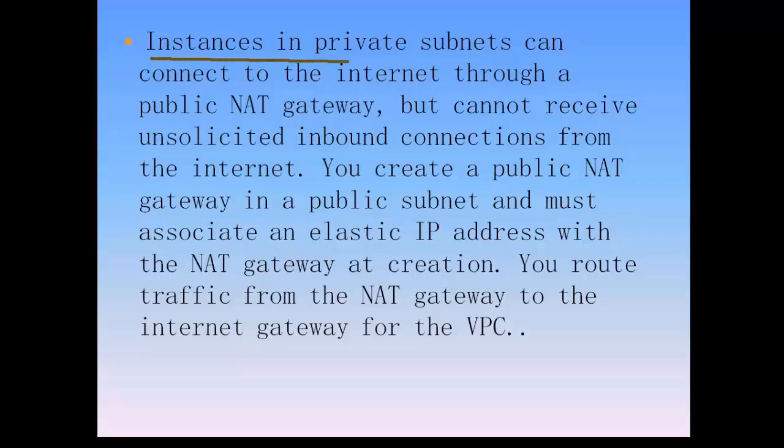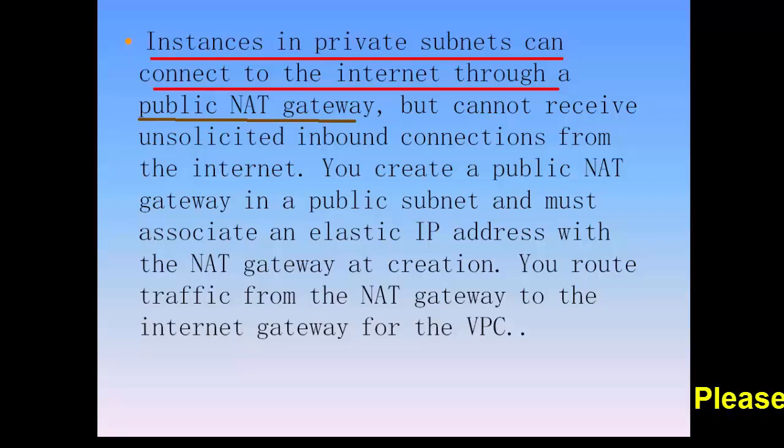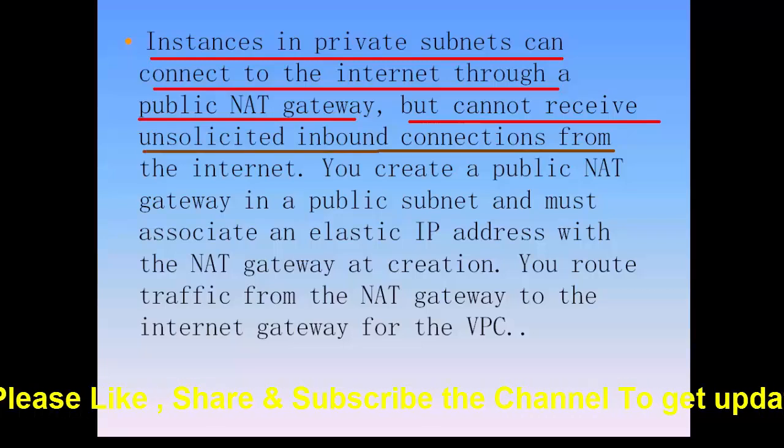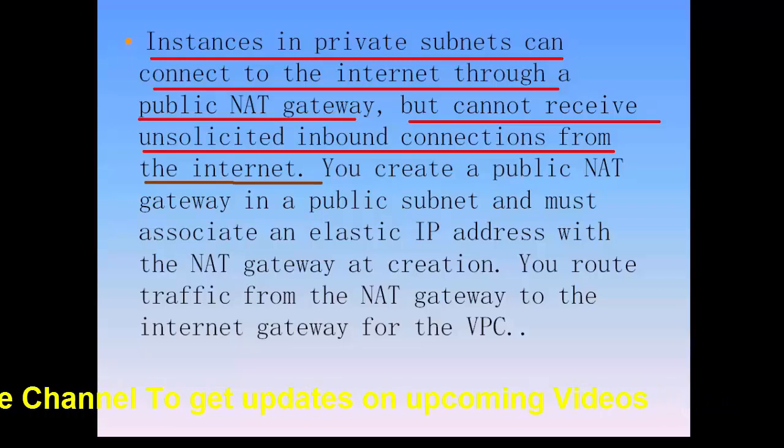As already discussed, an instance in the private subnet can connect to the internet through a public NAT gateway, but cannot receive unsolicited inbound connections from the internet. You create a public NAT gateway.